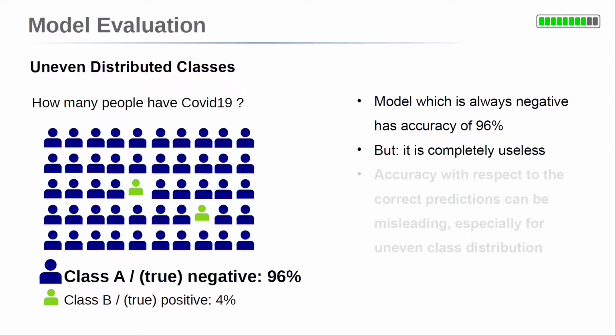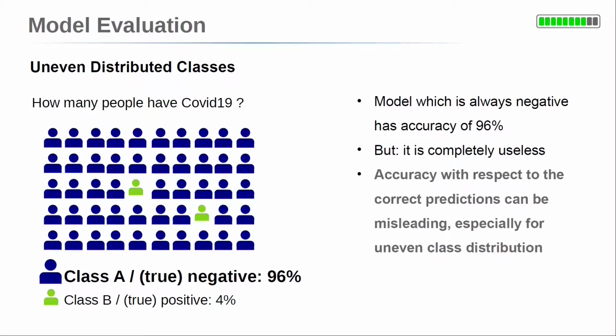So its accuracy is pretty high. But it is completely useless because the model will never distinguish between the 2 classes. The reason for the high accuracy is that the distributions of the 2 classes are very uneven. We have a lot of negative samples and only a very few positive samples.